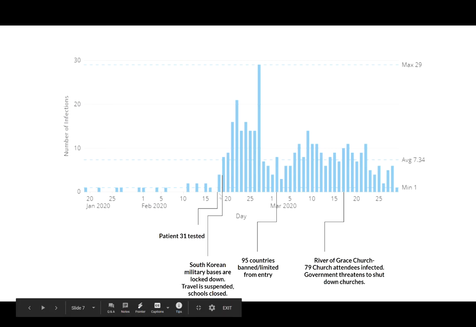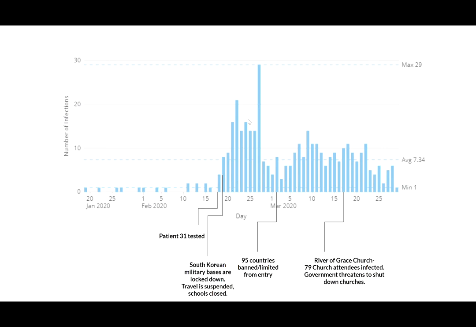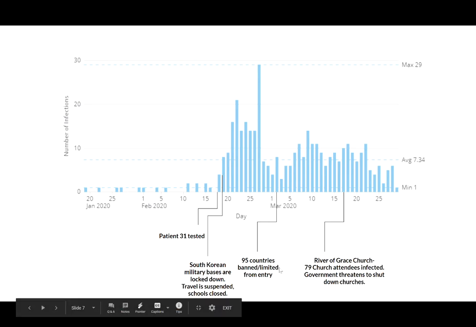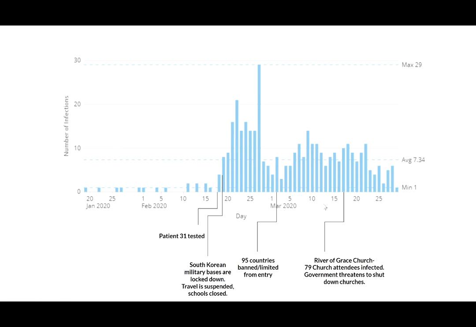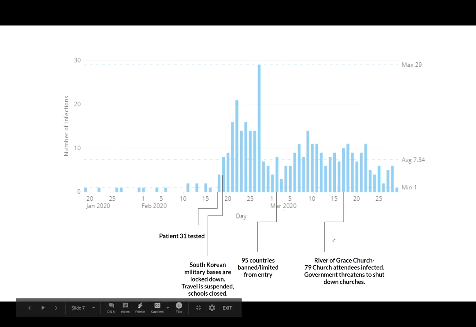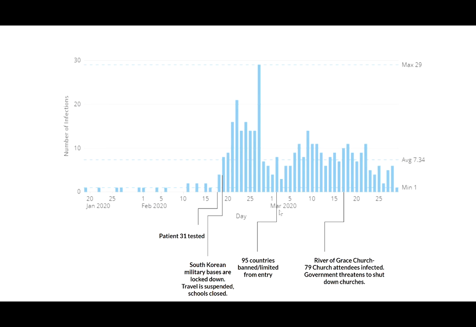And during this time, that's when number of infections peaks, but then afterwards it starts to decrease. And this is when they start to ban or limit countries from entry. And then towards the end of this is when they threatened to shut down churches, just because churches were where a lot of the infections were actually occurring.